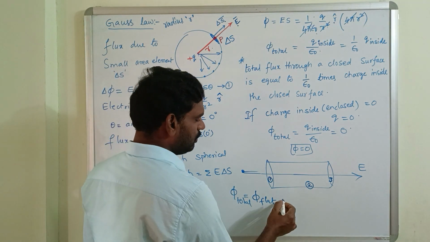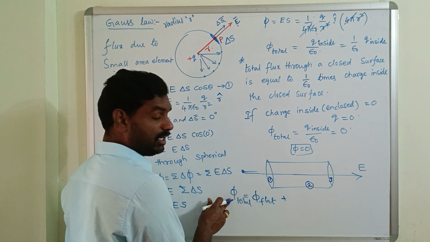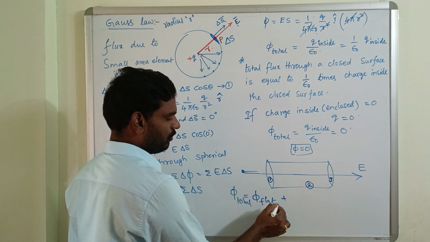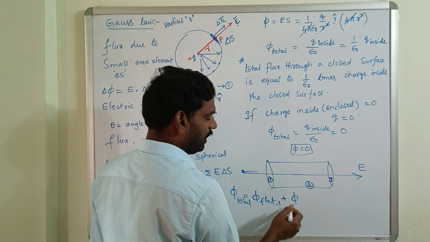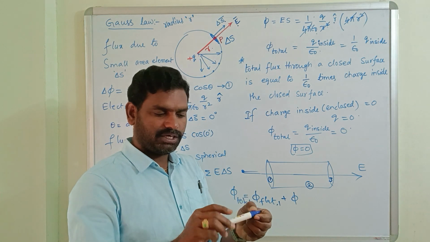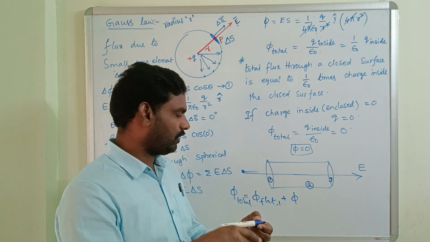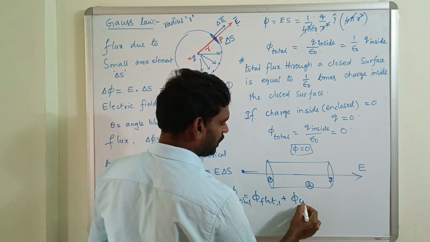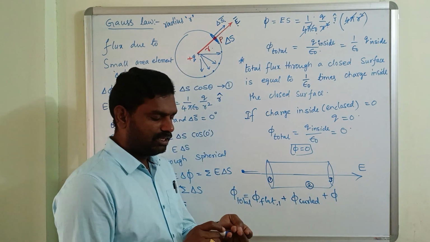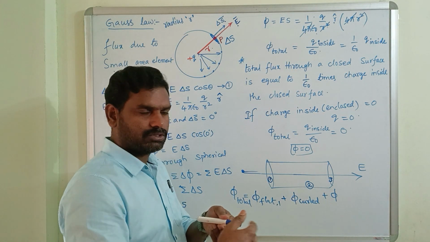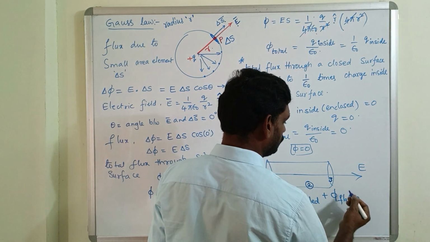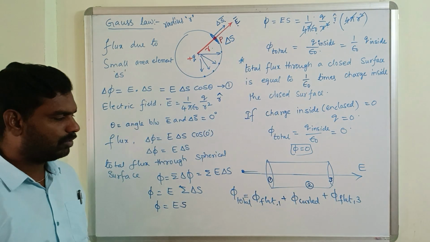Okay, so total electric flux equal to flux through flat surface 1, and total flux through, this is nothing but ఇదంతా కూడా ఇక్కడ నుంచి ఇక్కడ దాకా ఇదంతా కూడా ఎట్లా ఉన్నది? కర్వ్డ్ సర్ఫేస్. ఫ్లక్స్ త్రూ కర్వ్డ్ సర్ఫేస్ ప్లస్ ఫ్లక్స్ త్రూ అనదర్ ఫ్లాట్ సర్ఫేస్, ఇక్కడ నుంచి బయటకు వస్తుంది అనదర్ ఫ్లాట్ సర్ఫేస్ టు సెకండ్ ఫ్లాట్ సర్ఫేస్. దిస్ ఇస్ ద టోటల్ ఫ్లక్స్.